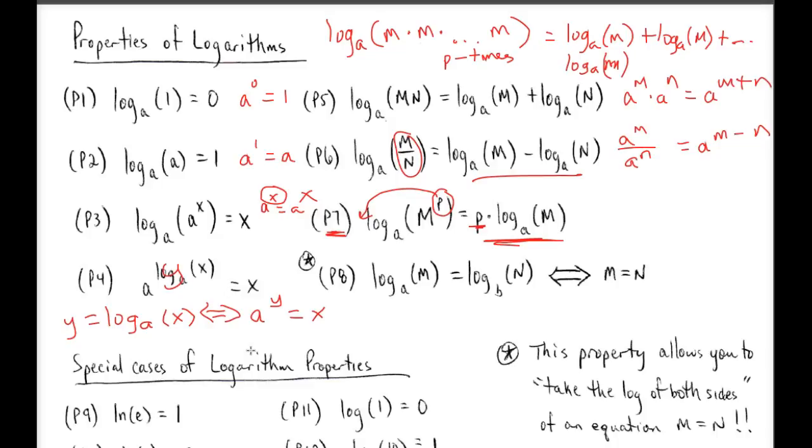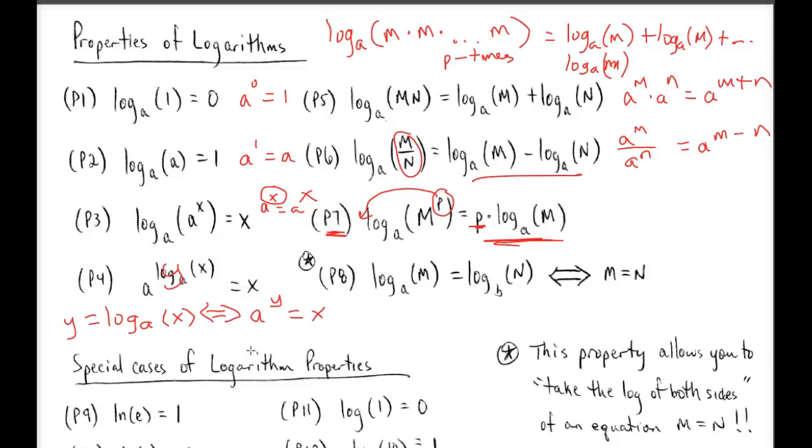So properties 1, 2, 3, 4, 5, 6, and 7 all sort of give the flip side story to the exponential rules that you already know. If you're watching this, you probably already know those, or at least have heard of those. We see what those exponential rules look like from a logarithmic perspective.